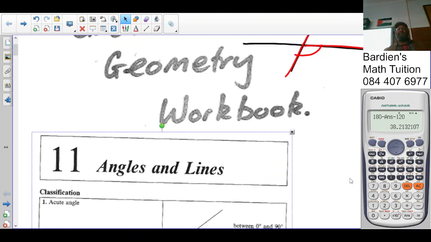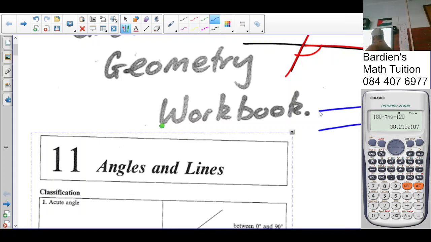Right, so we're busy with geometry in the workbook. At this point, we just concluded the corresponding angles. Not so? Then the day before that, I got you thinking about this angle being equal to that angle, and that angle equal to that angle.